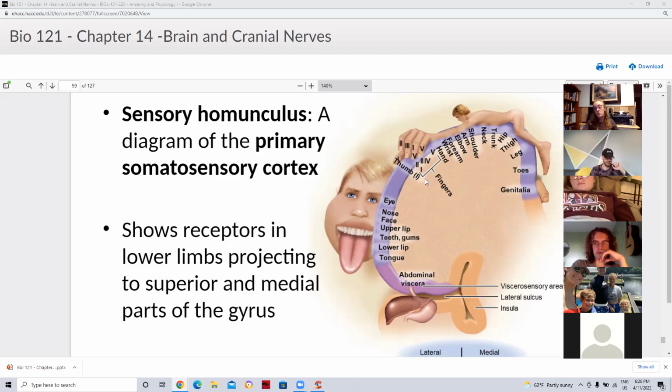Your fingers are extremely sensitive and take up a major region. Your tongue, your eyes. If you think about the most sensitive parts of your body, it's intuitive that that area would take up more space, or have more of the cortex associated with its function and with assessing what was felt there.